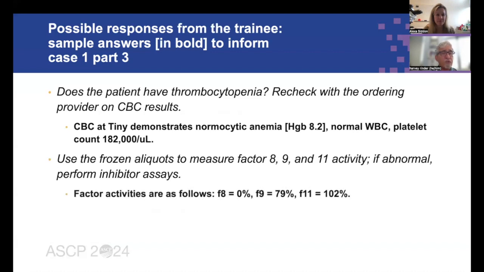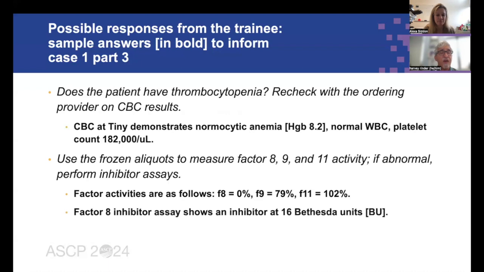Now, they also wanted to use frozen aliquots to measure factor 8, 9, and 11 activity, which were done, and factor 8 was 0%, very abnormal, but both factor 9 and factor 11 activities were within the normal range. So the factor 8 was the only inhibitor assay that was done, and it shows an inhibitor at 16 Bethesda units.